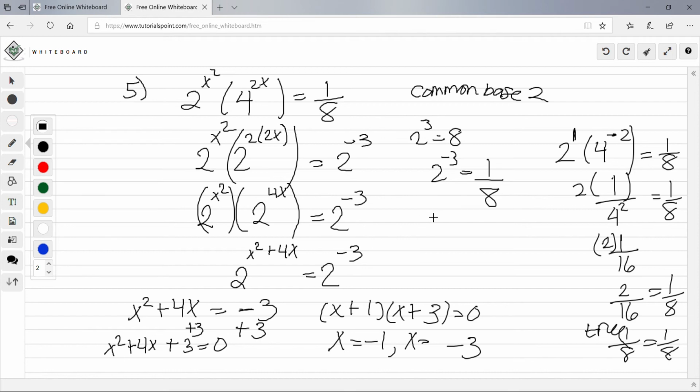Now let's do -3. 2 to the -3 squared is 2 to the +9.